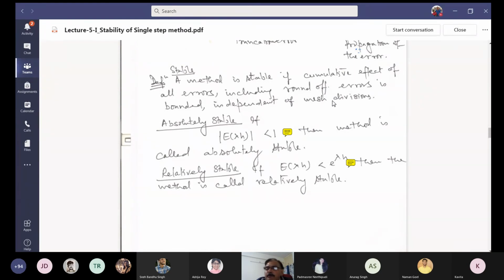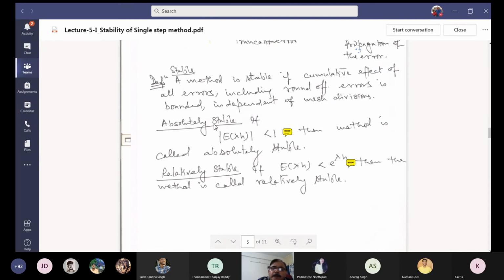This will be independent of mesh division only when h is very, very small. Is that right? Then it does not matter if the method is stable. Is that clear? Yes, sir.